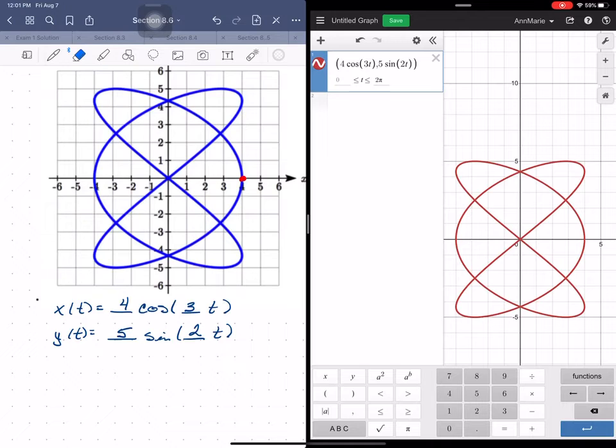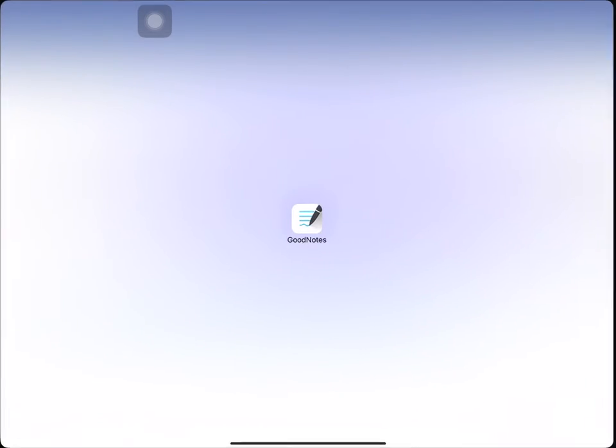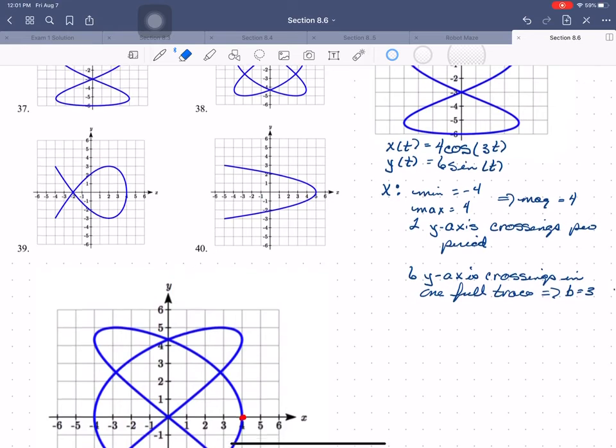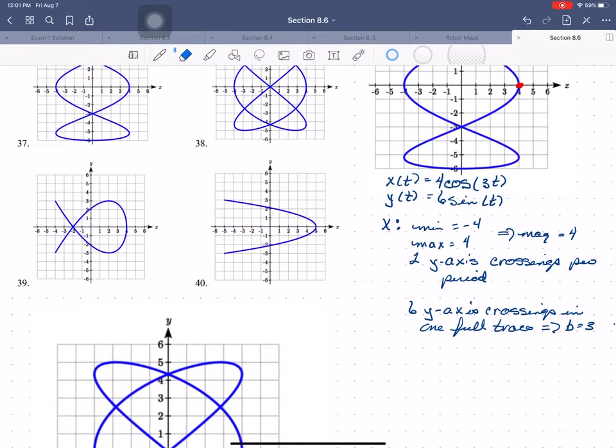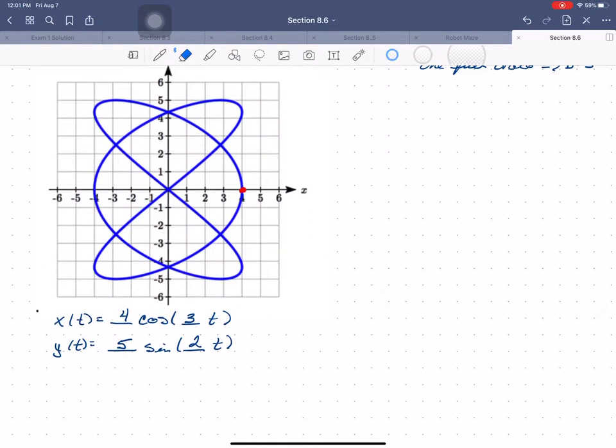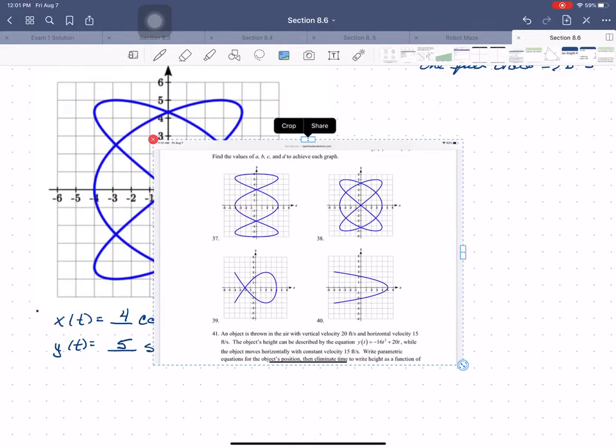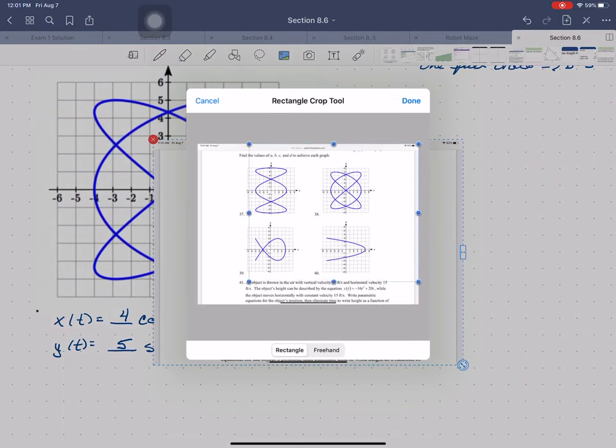Okay, so now let's talk about what we would do if we've got an open figure, like either one of these bottom two, so 39 and 40. We would approach them exactly the same way. So let's just do this one.